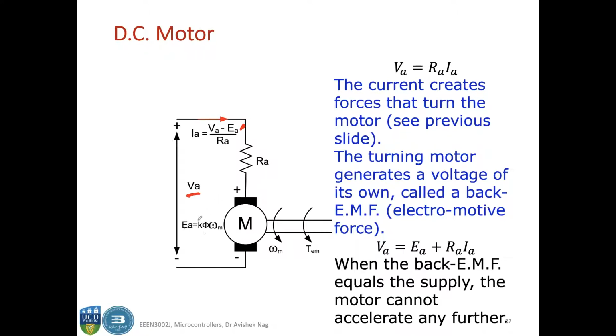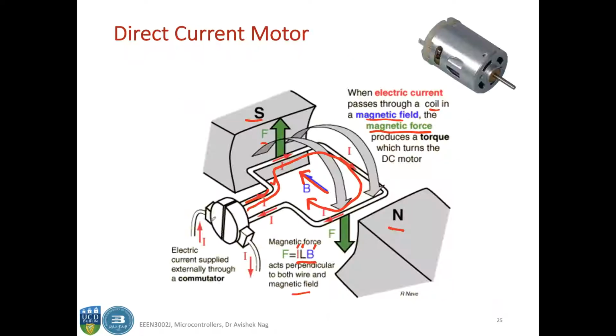So the back EMF EA is given by some constant times the magnetic flux density and the rotational speed, okay. So given by this omega m. So basically the current drives the motor because of the interplay between the magnetic and the electric field, and then when the motor is rotating, because of the rotation of the motor within the magnetic field, okay, so if you go back, this thing is rotating, right, because of this force.